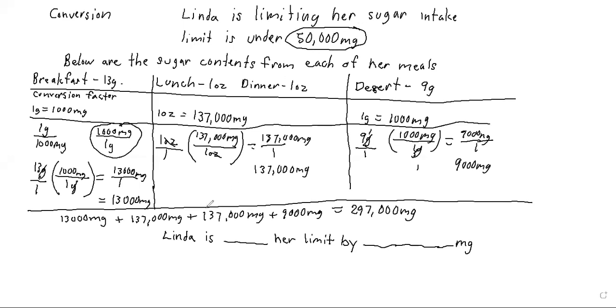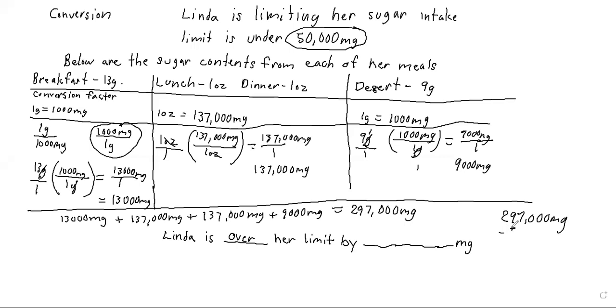So now we can go ahead and answer the question. It states Linda is blank her limit by. So she's over, the answer would be over her limit. She's definitely over the limit by how much? How do we figure out how much? Well, we take the total amount of milligrams that we have, 297,000 milligrams, and we subtract our limit of 50,000 from that.